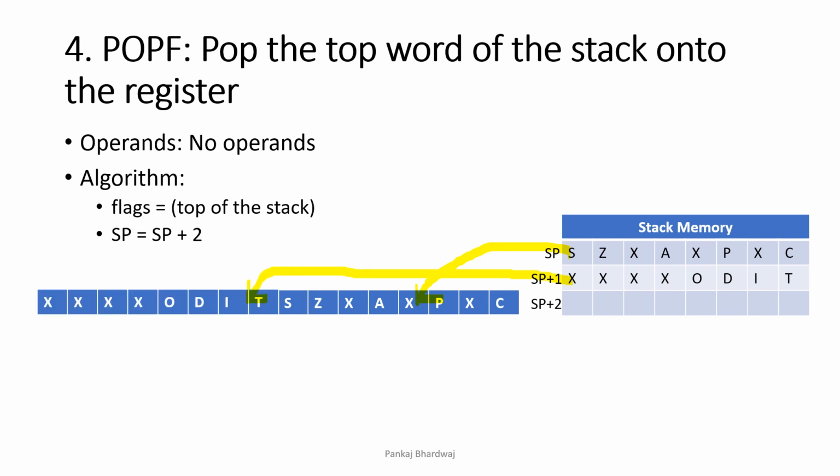So the complete 16-bit flag is now available from the stack. In that case, SP will become SP+2. After one byte pop, SP will become SP+1, and after the second byte pop, SP will be SP+2. Clear?